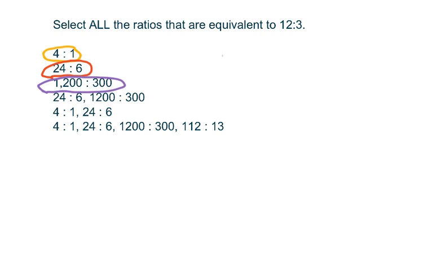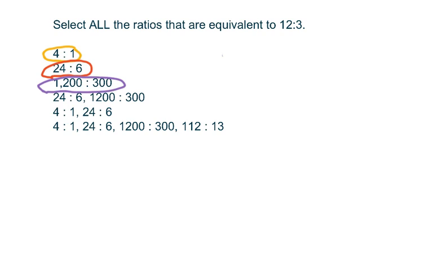And then the problem from here with the combination ones is that you might not have picked the right one. So the correct answer is 4:1, 24:6, 1,200 to 300. So if you chose this combination, but then you forgot one of them, then your answer is not correct.